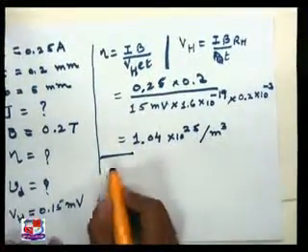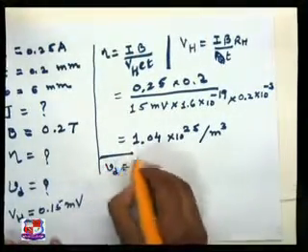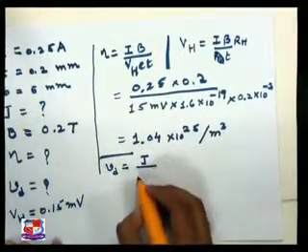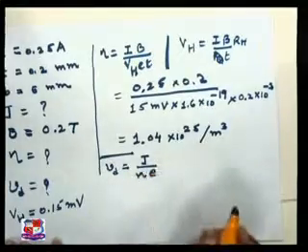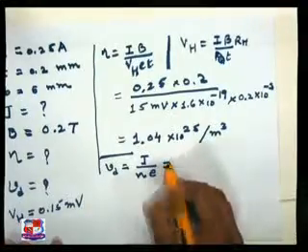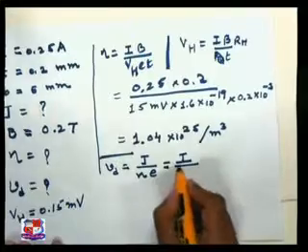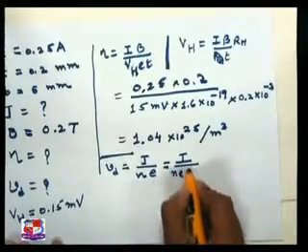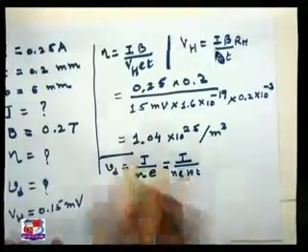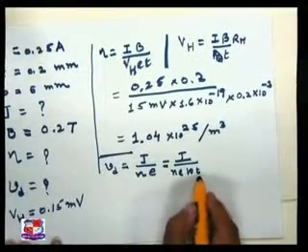Next is to find out drift velocity. Drift velocity can be found from this equation. You know that current density J is equal to N E into Vd. So it is J upon N E, and since current density is I upon A, it can be converted as I upon N E W T. W is the width, say this is B, which is equivalent to W, and T is the thickness.